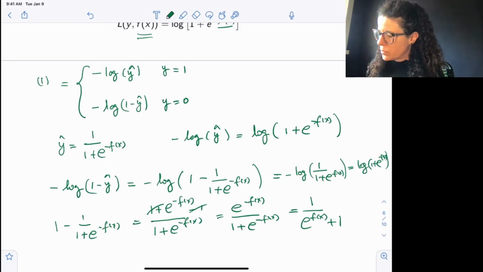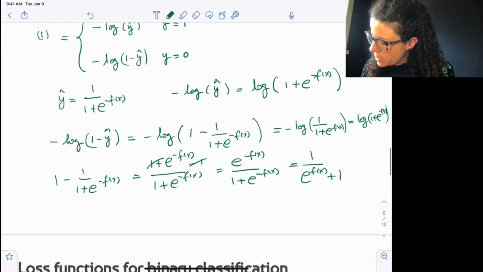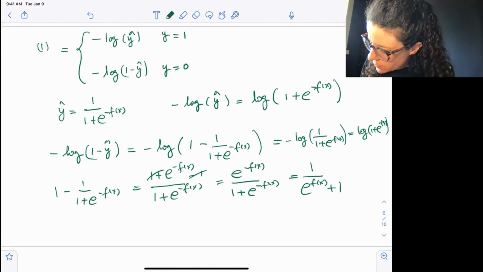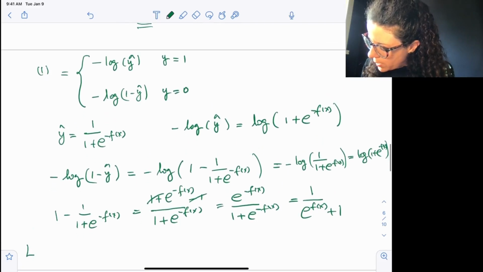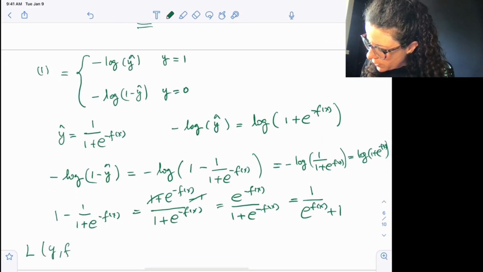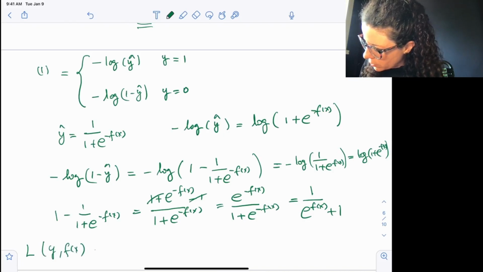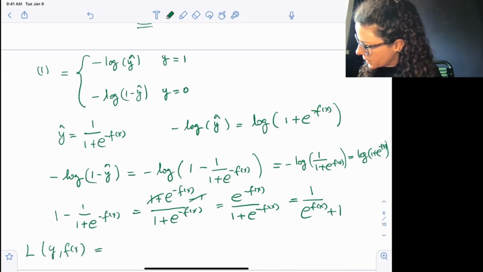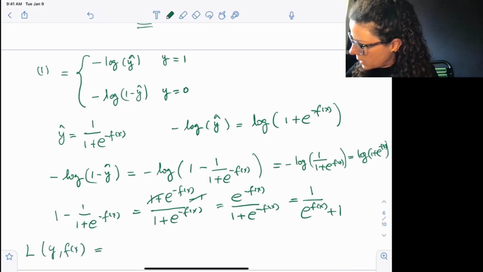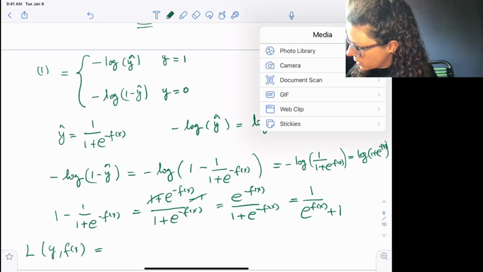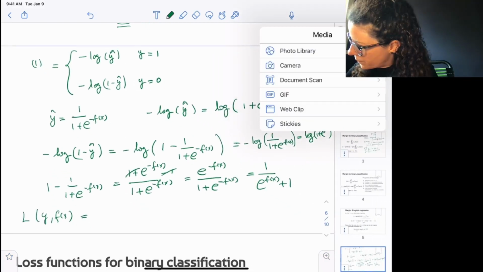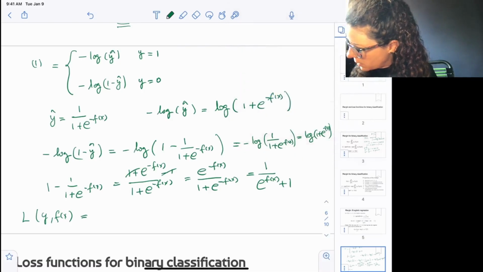Okay, so summarizing, what do we have here? We have that the loss function L of y, f of x, because we have rewritten all of this, is equal to... actually, let me add a page here.